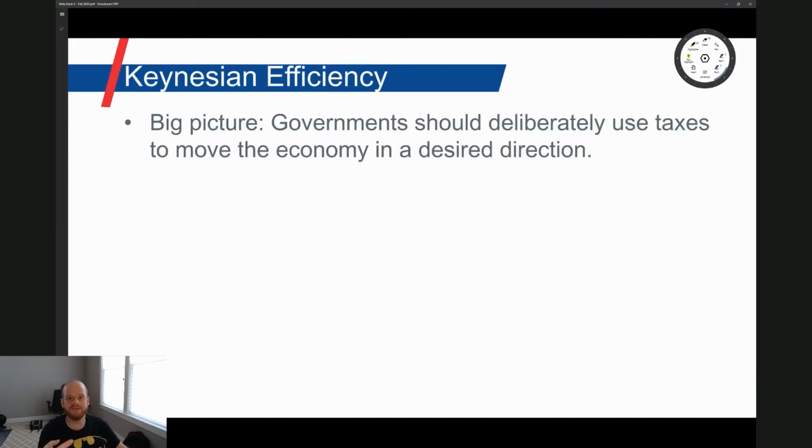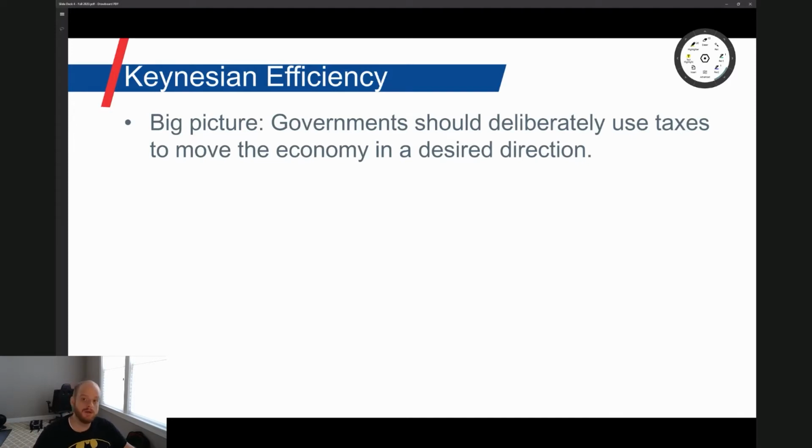To the Keynesian theory of economics, which was founded by John Keynes, we believe that taxes should have the explicit purpose of altering behavior in a way that is more desirable, right? If we want to curb pollution, we should put taxes in place that force companies and individuals to move away from polluting the environment.